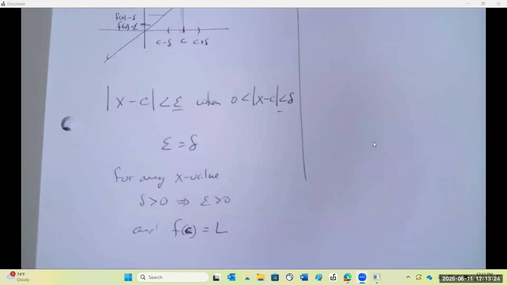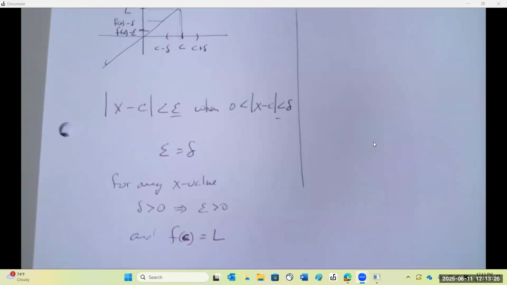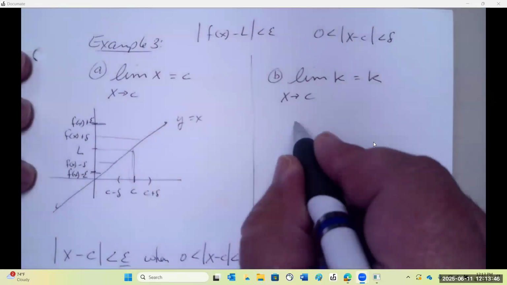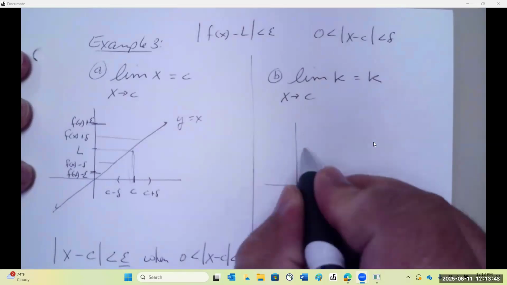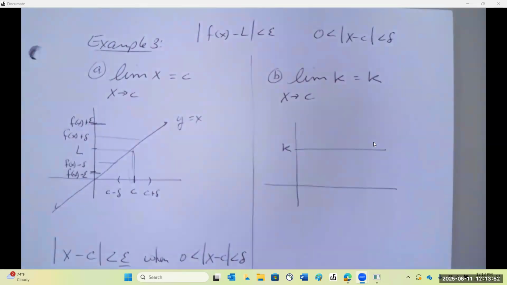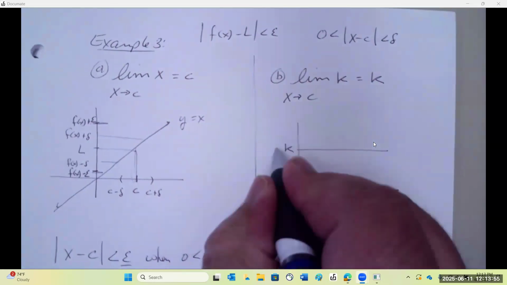How about the next one? What's the graph of the second one? The horizontal line. It's a constant function. The graph of this one will be at k, which is also our limit.